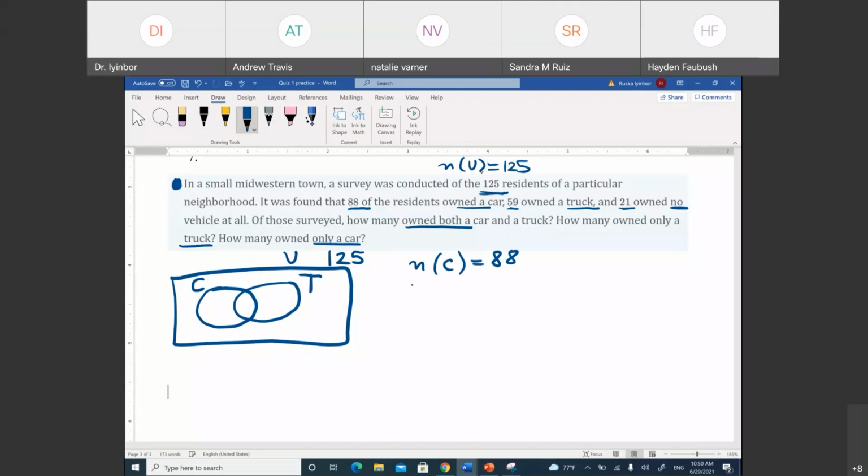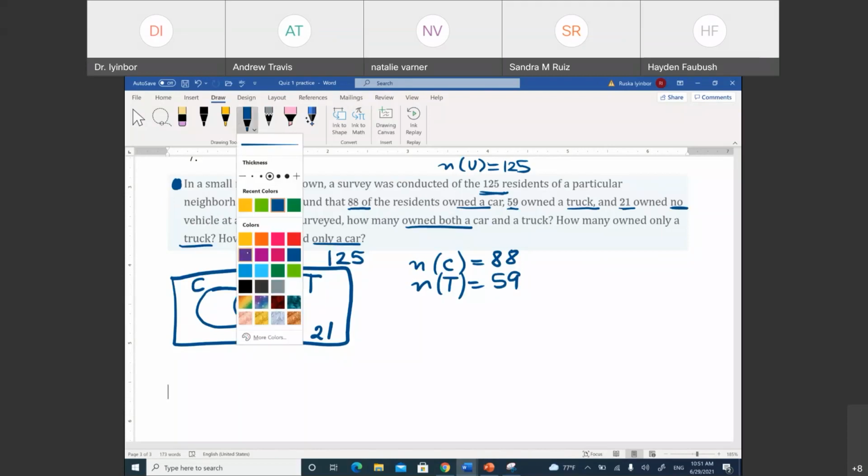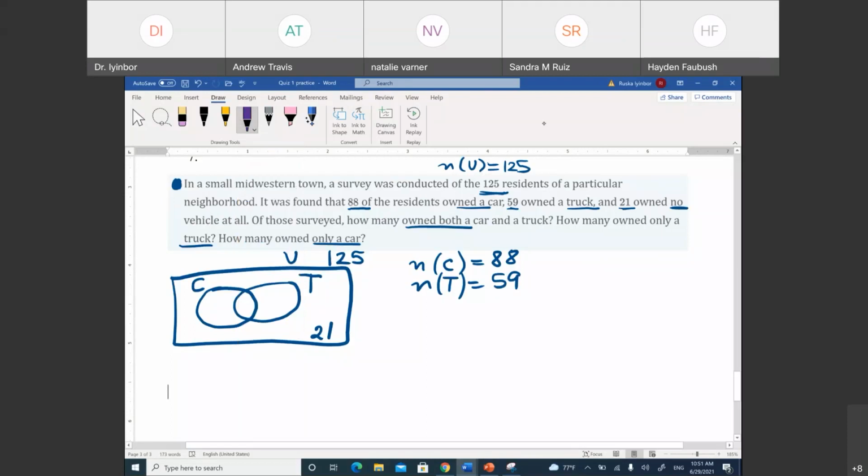The number of truck owners is 59. And 21 own no vehicle at all, so this is the 21 outside, outside of the car and truck owners. So how many own both? This is the question. You need to find X between both of those, right? That's the first question.